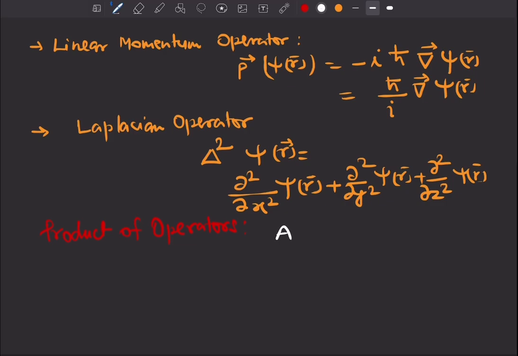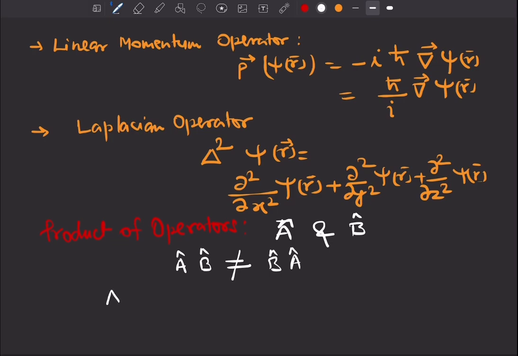So if there are operators A and B, then their product AB is generally not commutative. That is, if we change their order, the value of the operator may change. But the product of operators is associative.